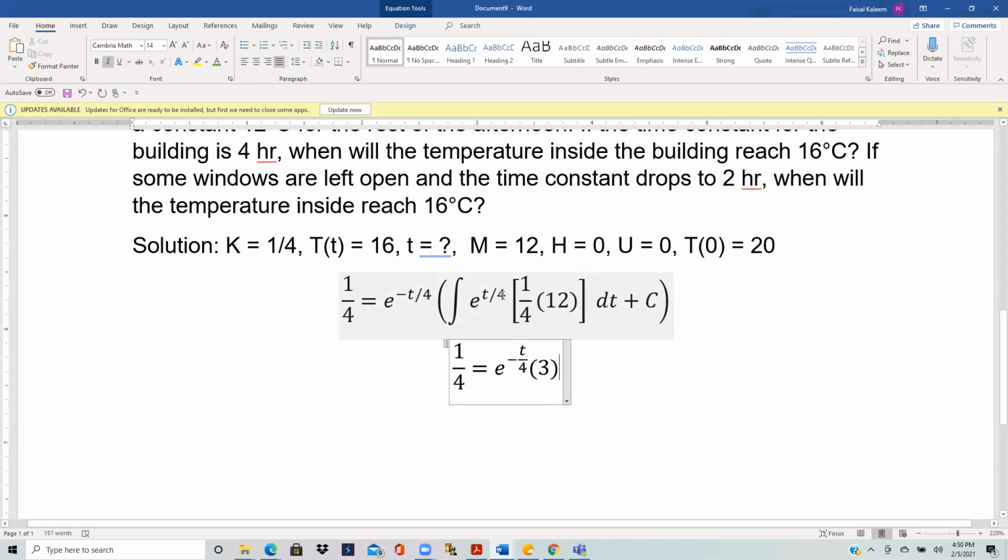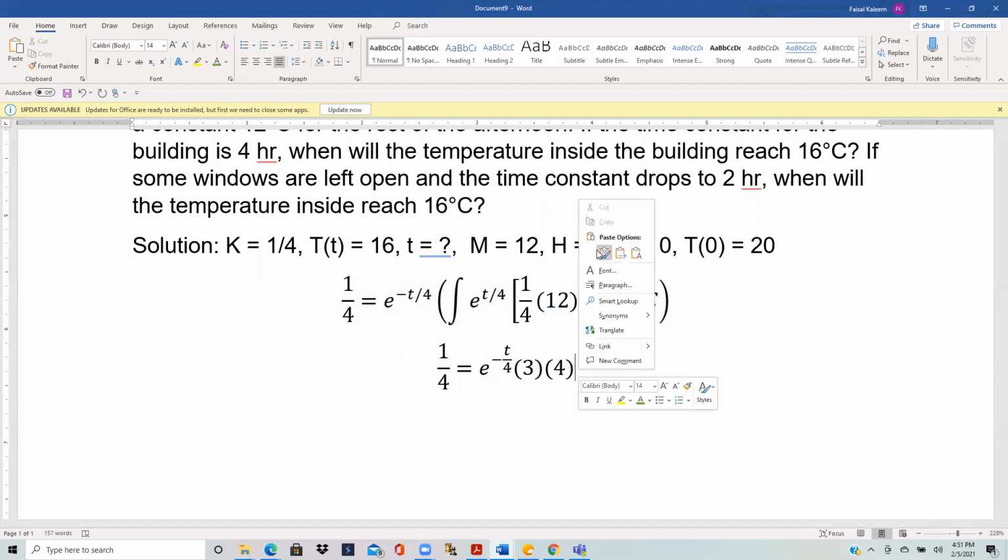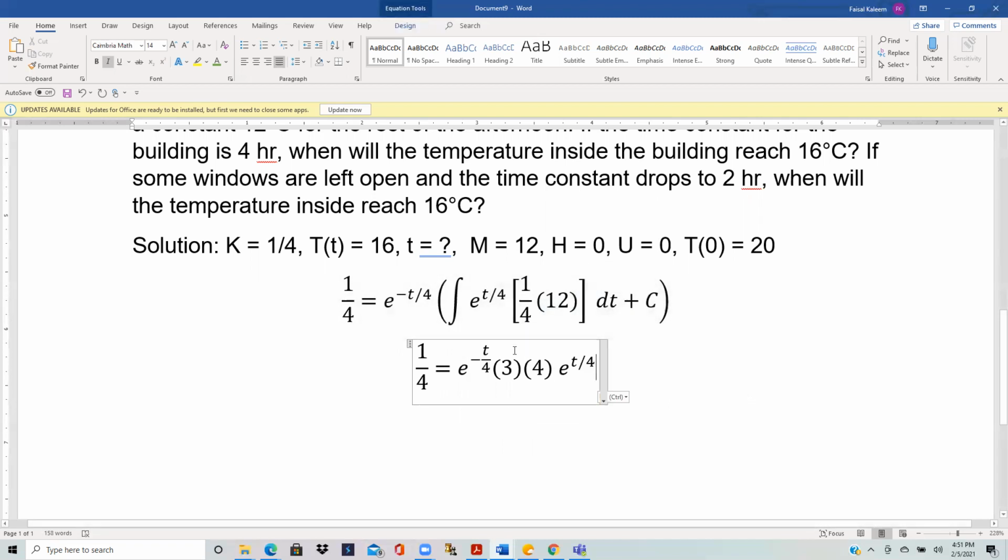So dividing by 1/4 means multiplying by 4 times e to the t over 4. Okay, and then the plus c.